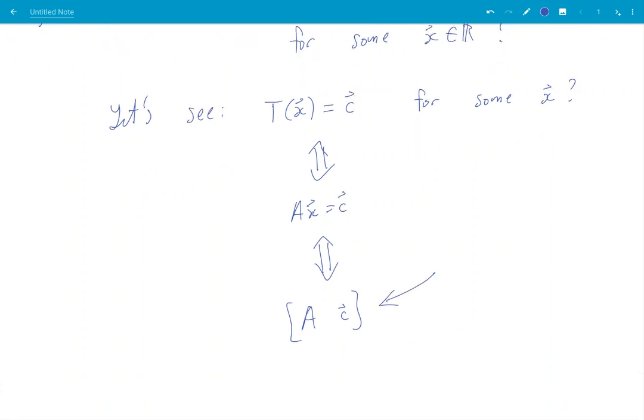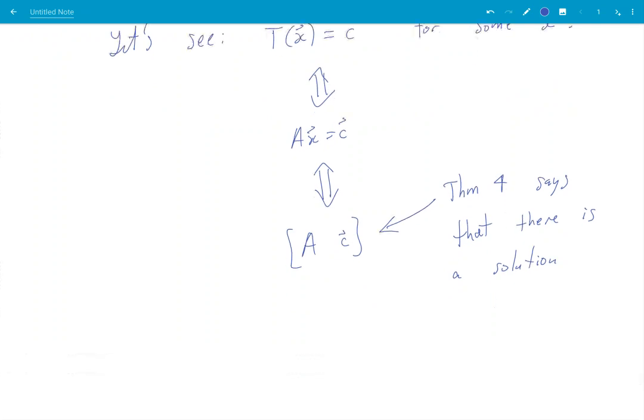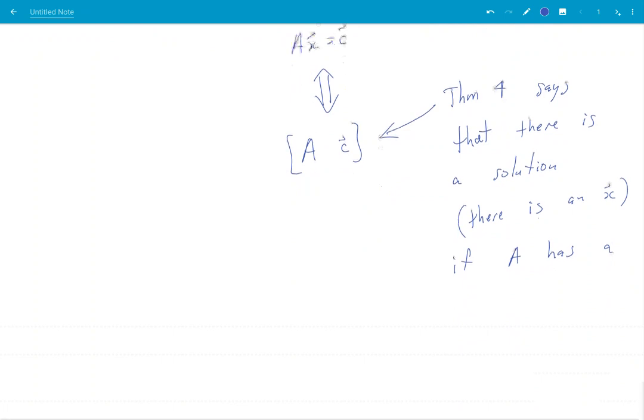But we saw in, I believe, 1.4, theorem 4 says that there is a solution, there is an x, if A has a pivot for every row.